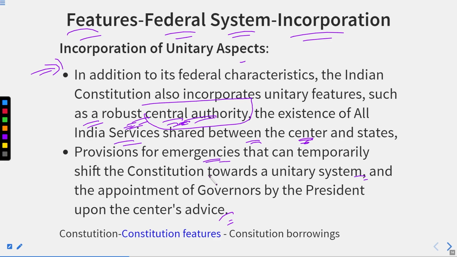Thereafter, we can impose the emergency through Article 352, 356 and others, and during this time the state government functions are transferred to the parliament or the central government, and thereafter the governors, who are the heads of the states, are appointed by the President of India through the center's advice. Okay, so basically we have the unitary aspects, but in reality the central government exercises its control over the state government in some aspects. All right.